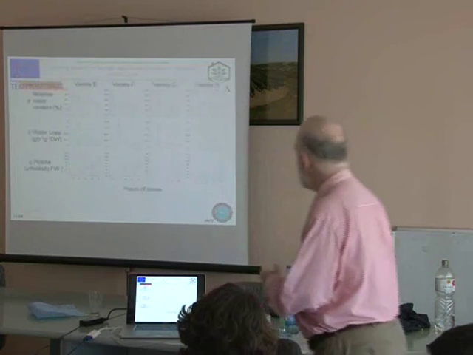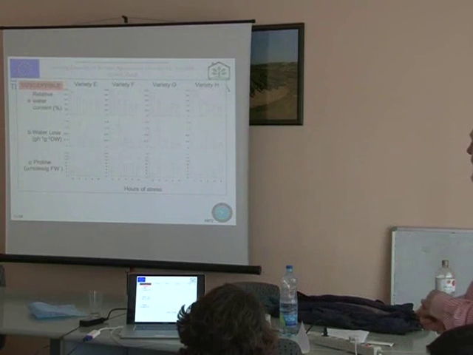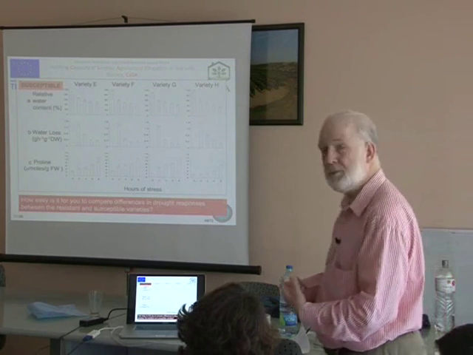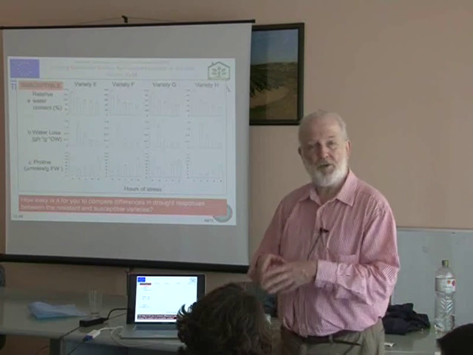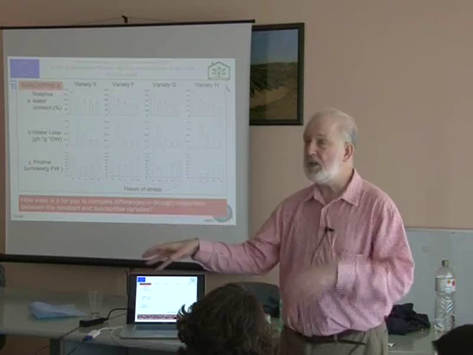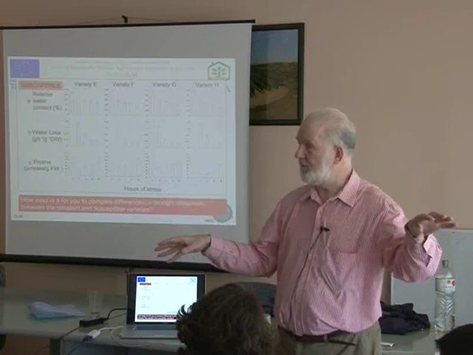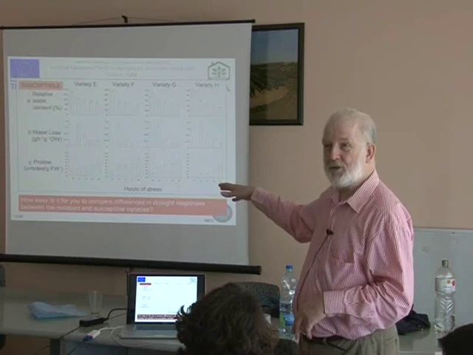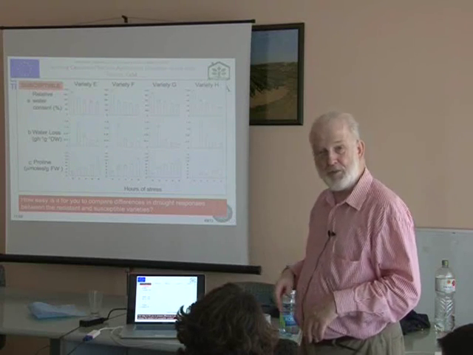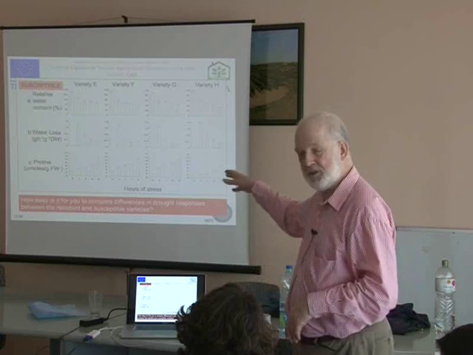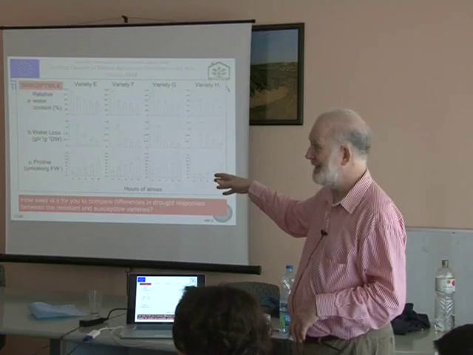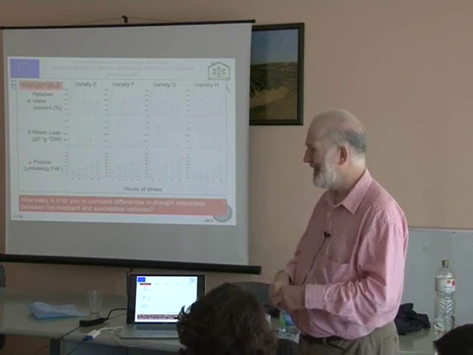And on the next page, they have prepared figures for the 4 susceptible varieties. Now, the purpose of their manuscript, the purpose of their research, was to compare resistant and susceptible varieties. So, how easy is it for you to compare resistant and susceptible varieties? Are they the same or different? You don't know, do you?